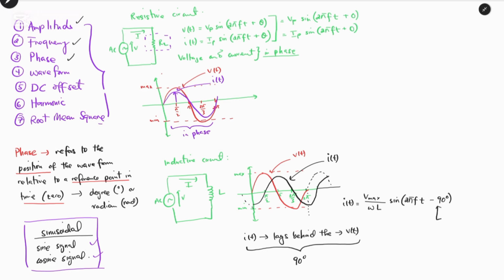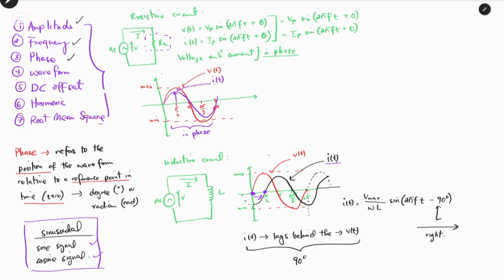With this 90 degrees, we all know that the current shifts towards the right. When we look at the point of origin, it is this point here. So we can see now that the current waveform is shifted towards the right, and it begins at this point. Now we know that the current lags behind the voltage.